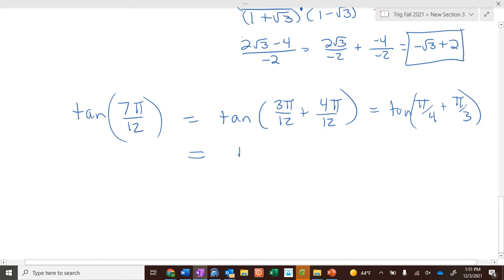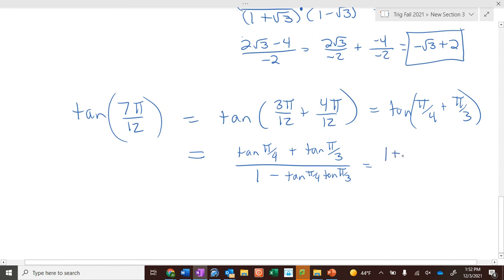So we'll do the tangent of pi over 4 plus the tangent of pi over 3 all over 1 minus the tangent of pi over 4 tangent of pi over 3. Okay, what's tangent of pi over 4? 1.